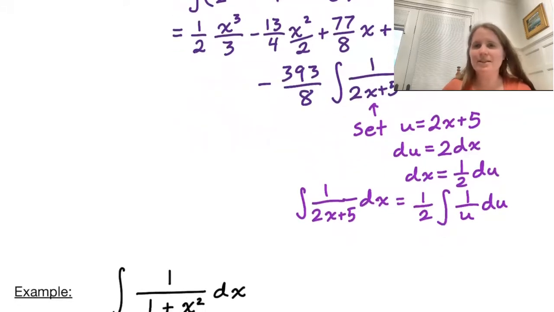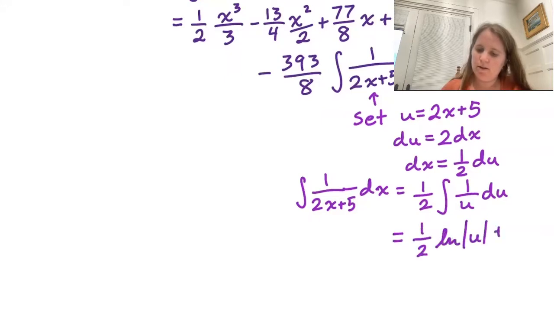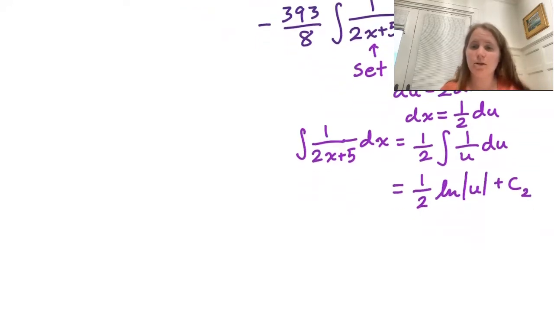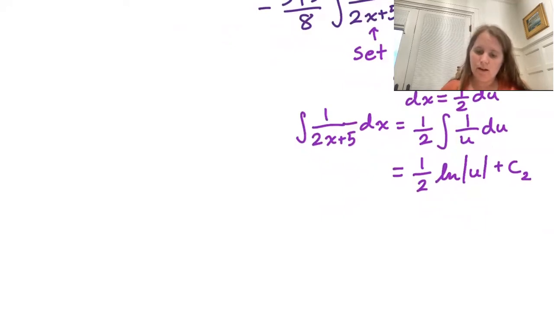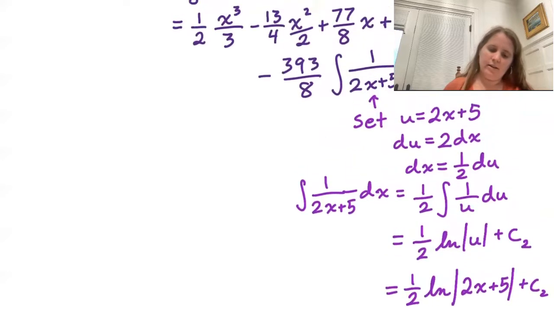From here, we have 1/2 natural log of the absolute value of u plus c, I'm going to say plus c2, since I already have a c1 involved. And then plugging back in u, we have 1/2 times the natural log of the absolute value of 2x plus 5 plus c2. So we can go ahead and plug all of this back in.